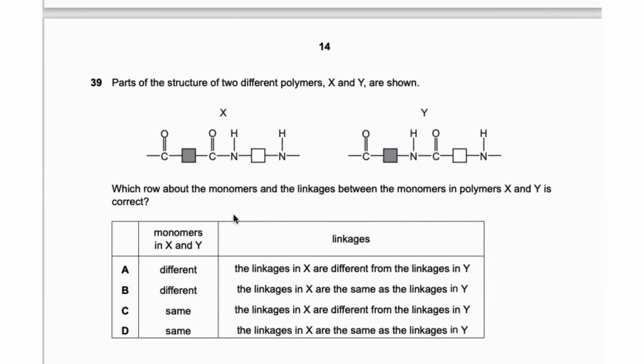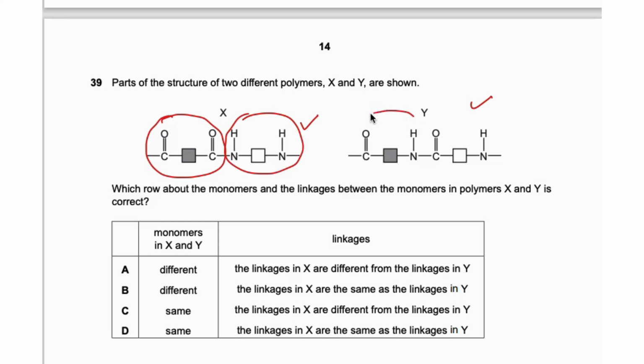39. Parts of the structure of two different polymers X and Y are shown. This is one polymer, this is another polymer. Which row about the monomers and the linkages between the monomers in polymers X and Y is correct? In polymer X, one monomer has a carboxylic acid on both sides, and another monomer has an amino group on both sides.